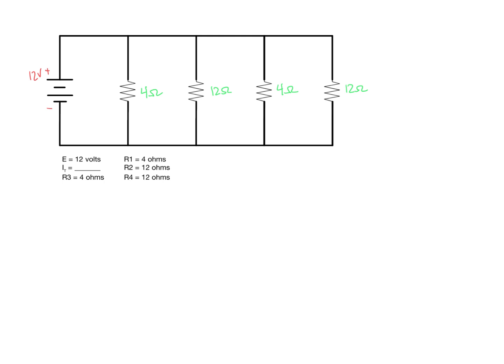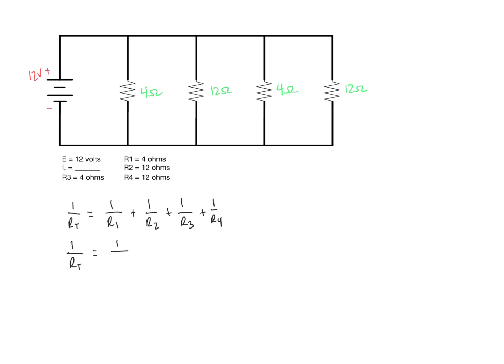Our total resistance. So you might recall, in order to do that, we're going to start out with 1 over RT is equal to 1 over R1 plus 1 over R2 plus 1 over R3 plus 1 over R4.